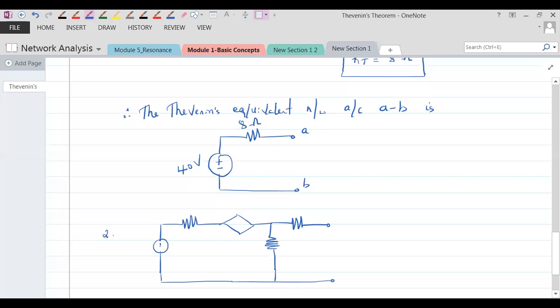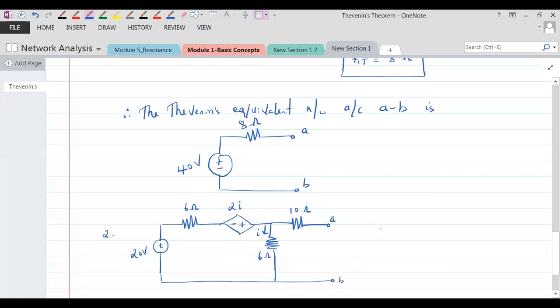Fine. So this is 20 volts. This is 6 ohms, minus plus 2I, 10 ohms and 6 ohms. Where is this I flowing? This I is flowing here. This I. And these are A, B.